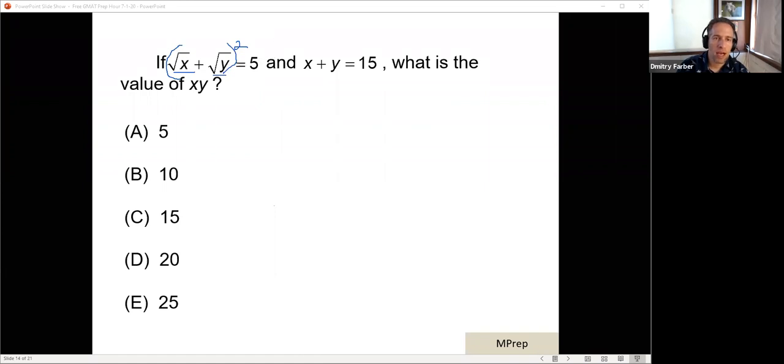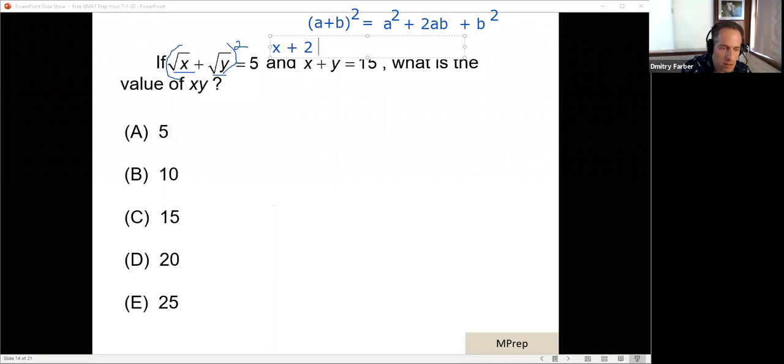So just like I know that a plus b squared is a squared plus 2ab plus b squared, I know that this root x plus root y squared is going to be x plus 2 root xy plus y. So I can know that.